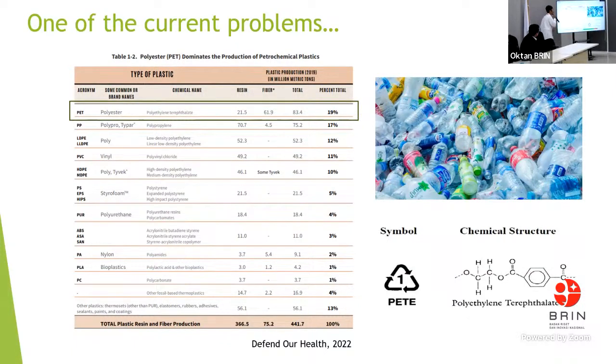It poses a hazard because every day we use PET: plastic bottles, food packaging, and almost all household appliances now have PET on them. This is the chemical structure of PET, which is terephthalic acid and ethylene glycol, so it's polyethylene terephthalate.